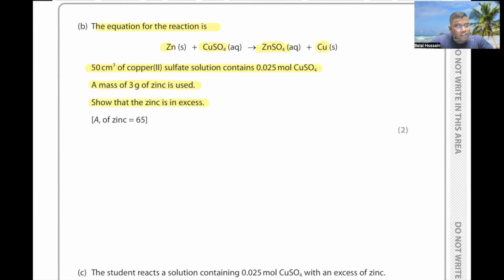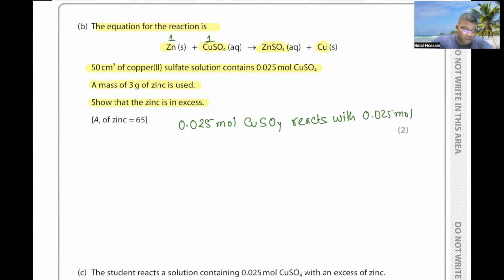In order to show the zinc is in excess, we must understand that 1 mole of zinc reacts with 1 mole of copper sulfate. So to demonstrate that point, 0.025 moles of CuSO4 reacts with 0.025 moles of zinc.